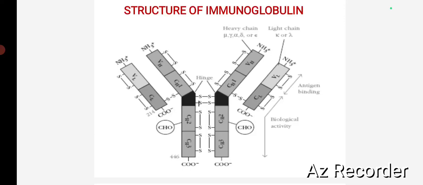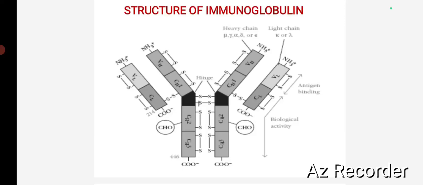All the heavy chains and light chains are linked with the help of disulfide bonds. And in the heavy chains, between CH1 and CH2, the dark portion is called the hinge region, which is the flexible region, and more amounts of lysine amino acids are present.